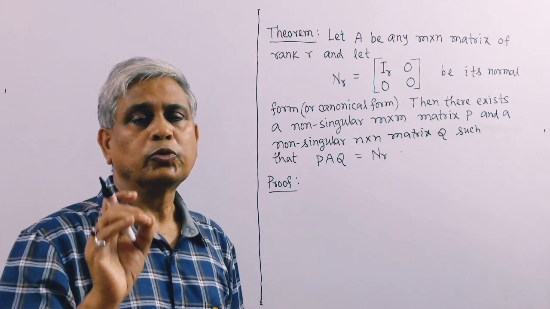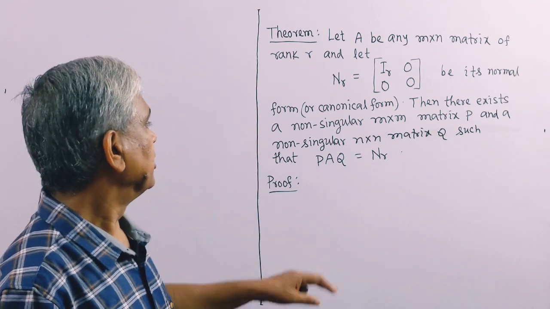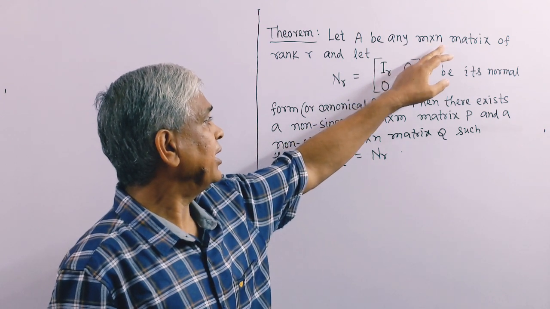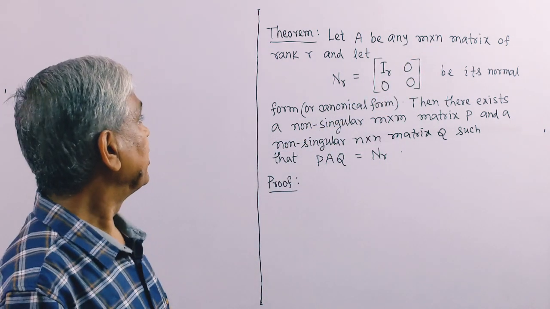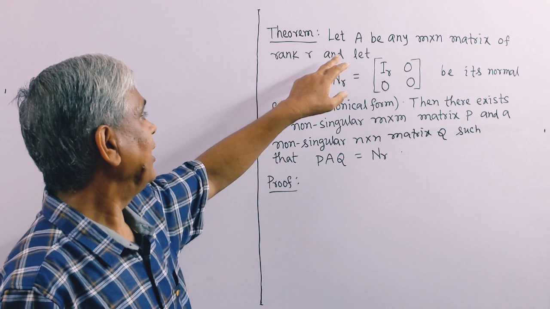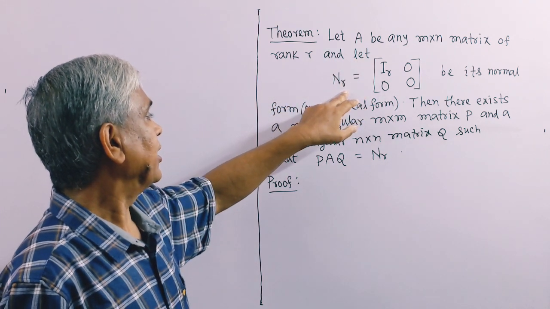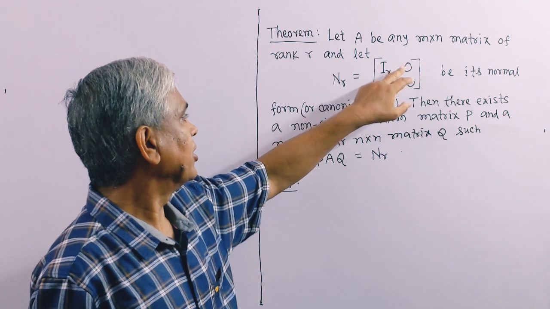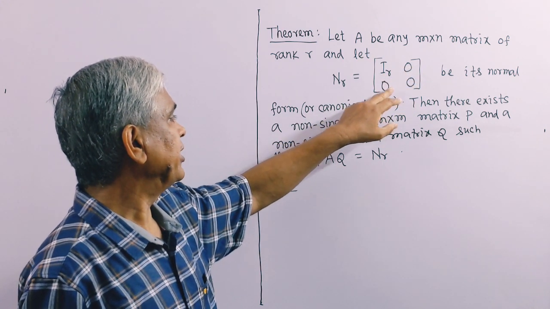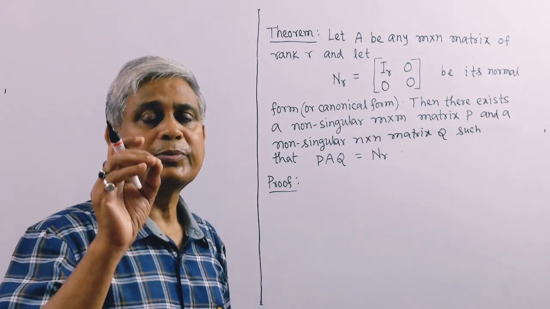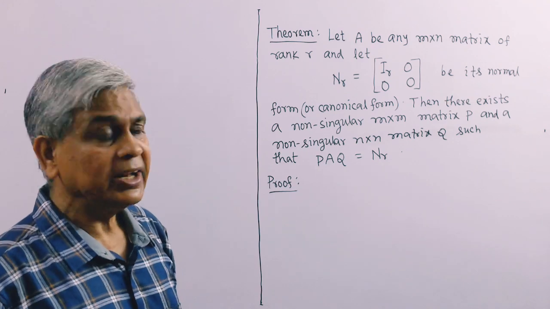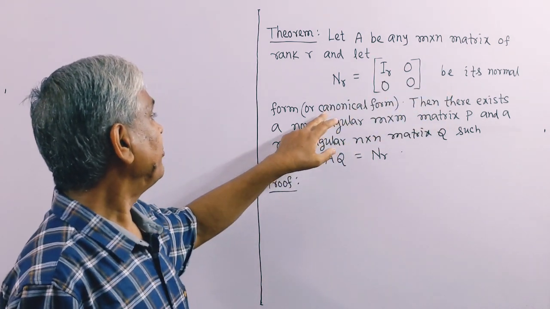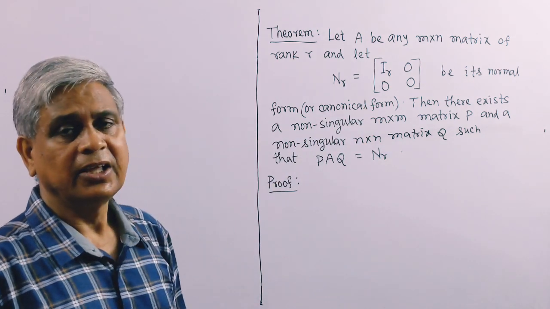Now, we prove the next theorem. The next theorem is: let A be an m by n matrix of rank r, and let Nr be the matrix [IR 0; 0 0], where IR is the unit matrix of order r, be its normal form or canonical form.